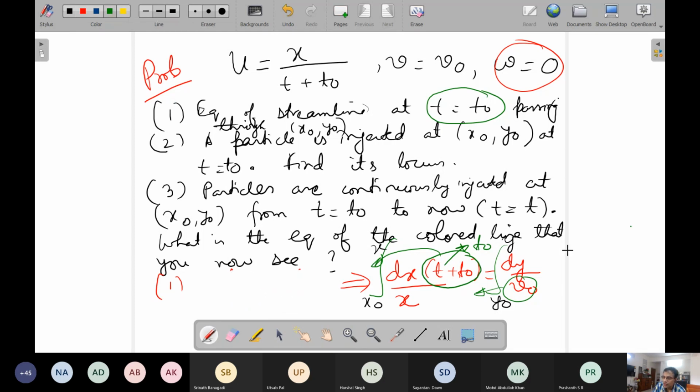So let me just write it here in the free space. So you have 2t0 ln of x by x0 is equal to y minus y0 by v0.